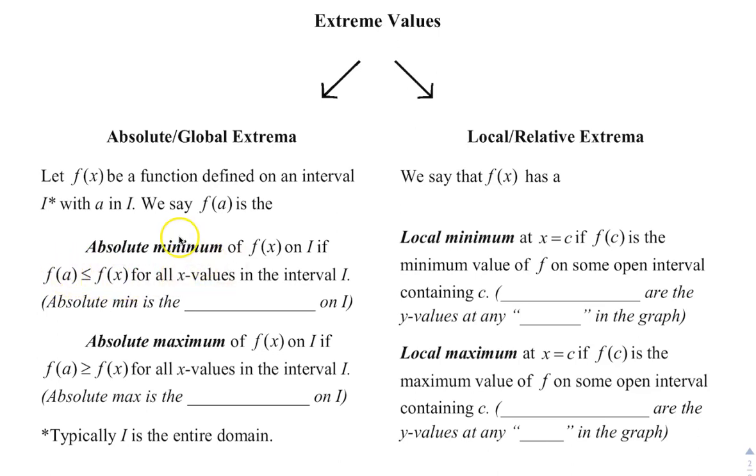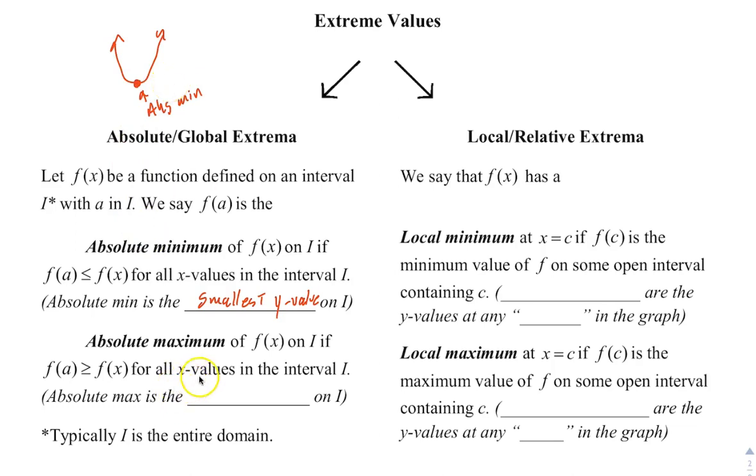Another way to think about that, an absolute min is the smallest y value on I. So think of a picture like this, I have a little parabola right there. That'll be the absolute min or global min. It's the smallest y value in the whole interval.